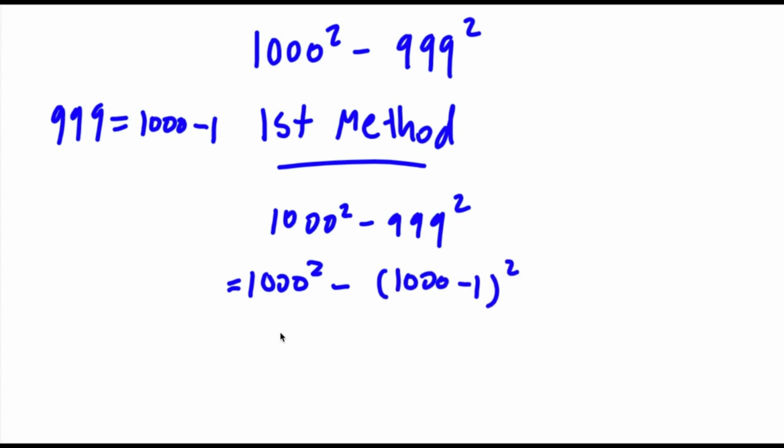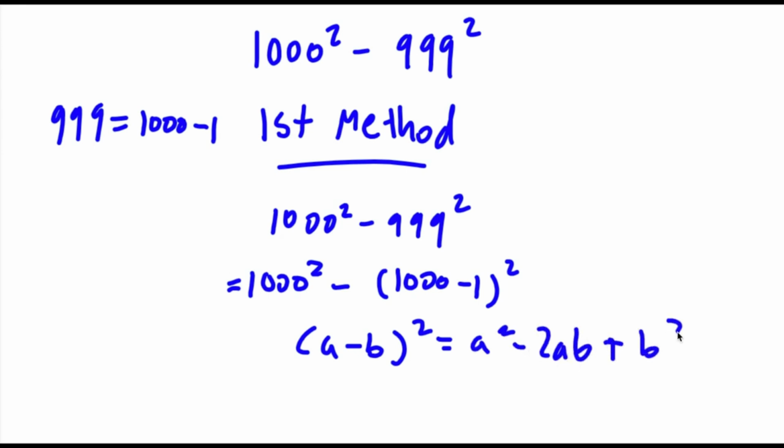Now, if I have something in the form (a minus b) squared, this is equal to a squared minus 2ab plus b squared.